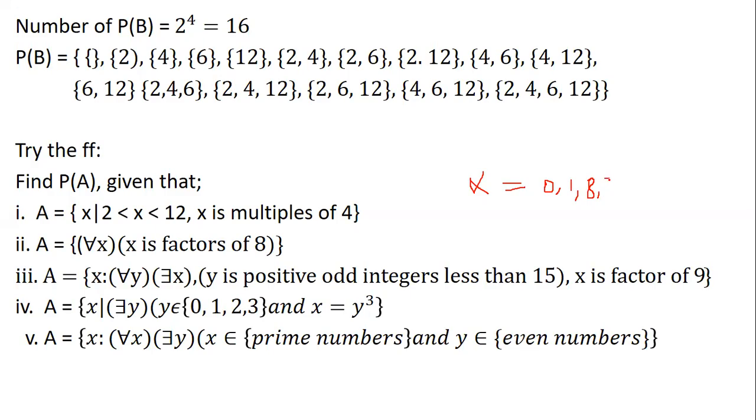Do we get my point here? Yes, sir. So if you see this set of X, we are having 0 and then 1. These two here are also found in the set of Y. Therefore, for X there exists Y, Y belongs to the set of 0, 1, 2, 3, and X is equal to Y cubed.